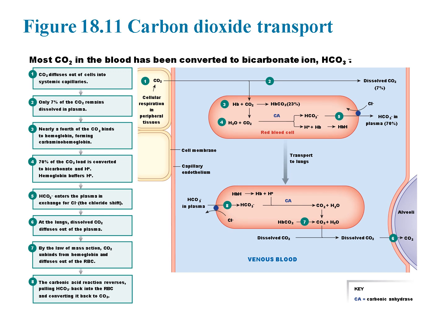As the blood reaches the lungs, the process is reversed. Carbon dioxide is released from hemoglobin, bicarbonate ions move back into red blood cells, and the carbonic acid reaction reverses. This regenerates carbon dioxide, which diffuses into the alveoli and is exhaled.